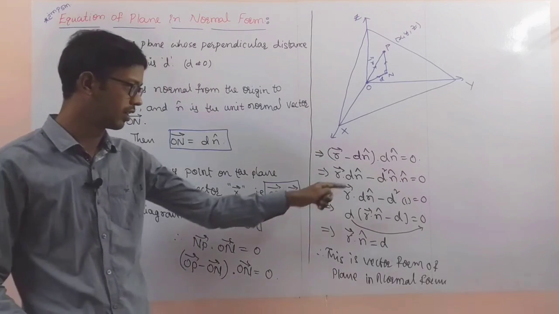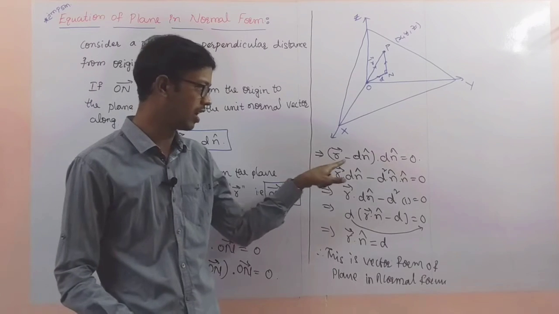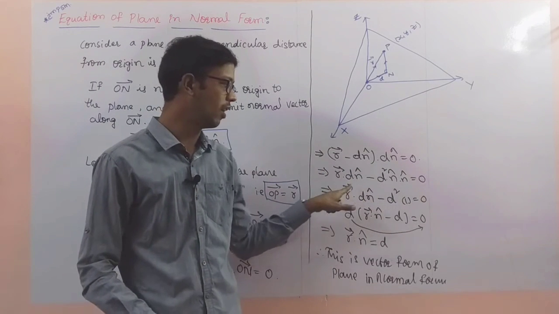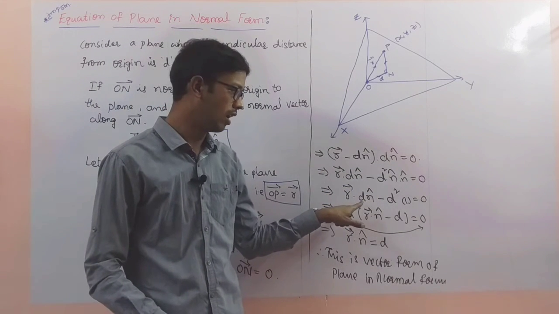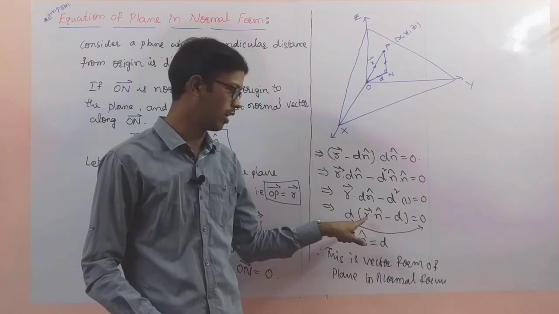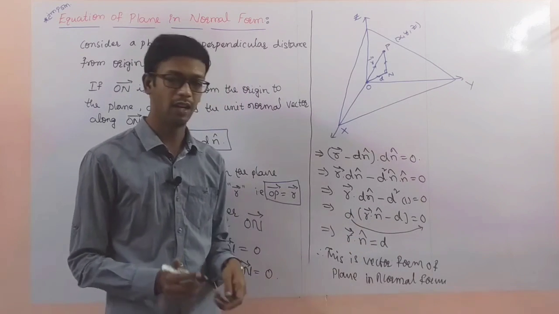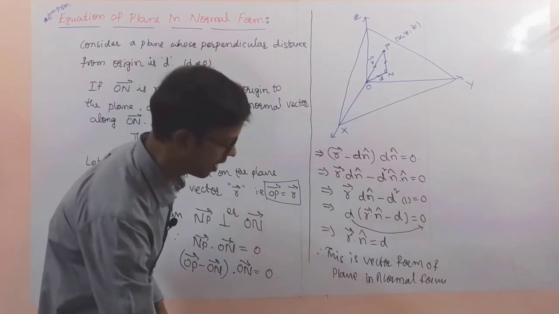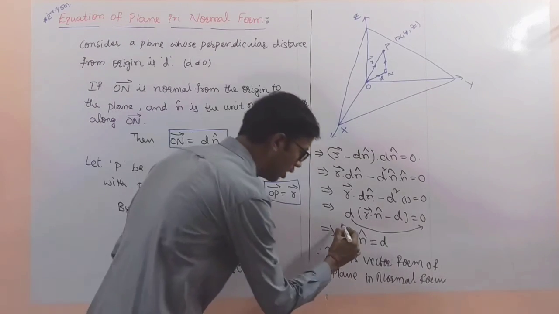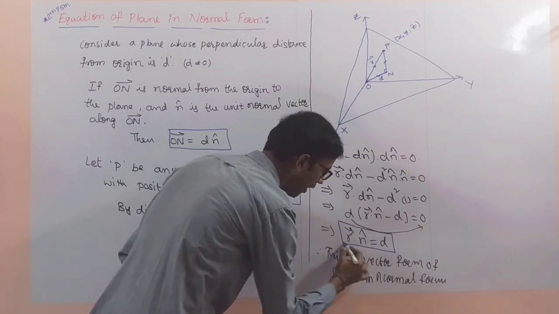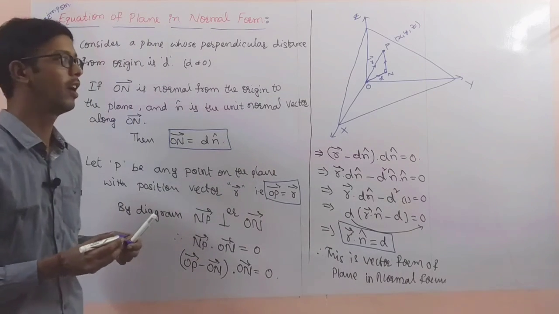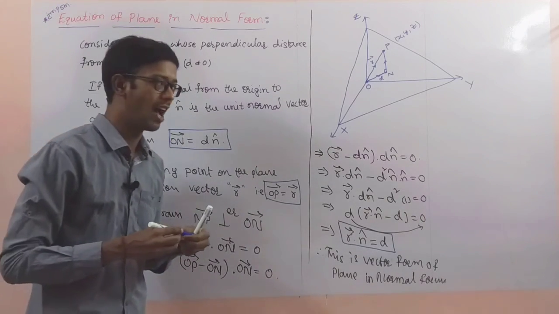Here you just have to make the simplification. Again repeating, just multiply inside. What is the common value? d is common, so take d outside, d goes to the right side. R bar dot n cap equal to d. This is called the vector form of a plane equation in normal form.